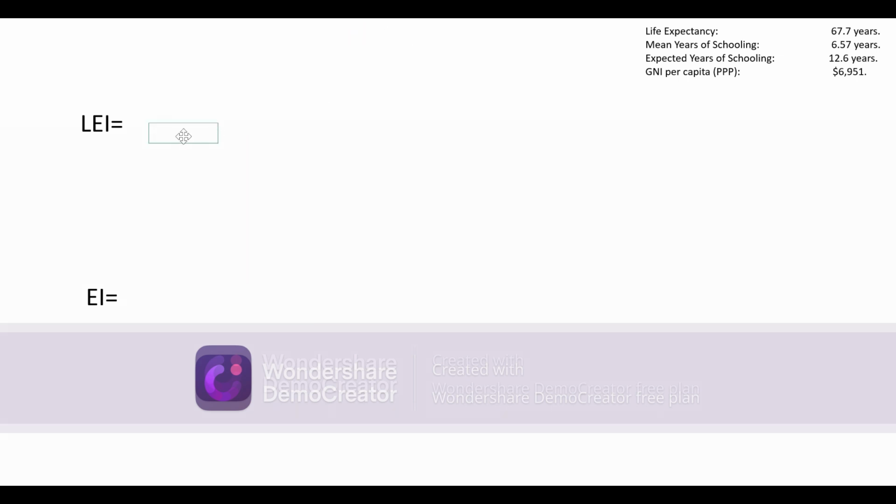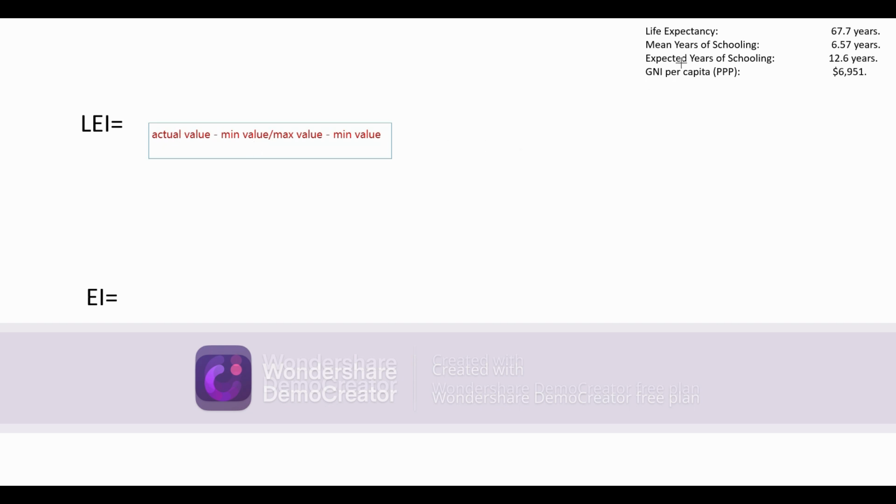Let me write the formula: actual value minus minimum value, divided by max value minus minimum value. This is the formula to estimate the LEI, the life expectancy index. What is the actual value?